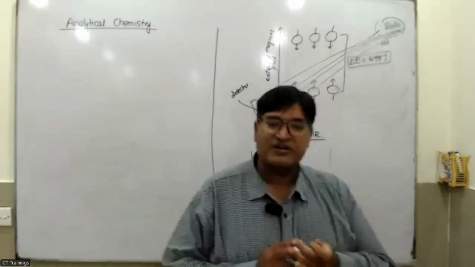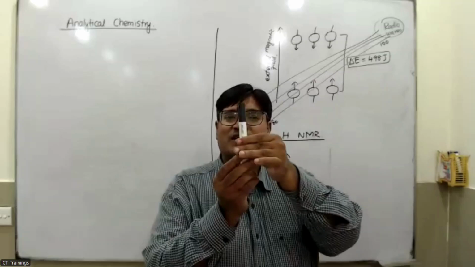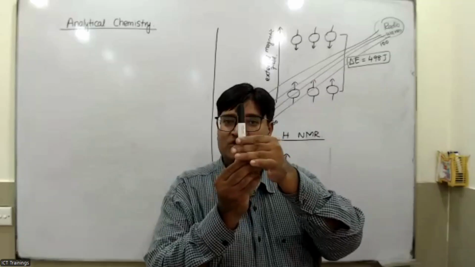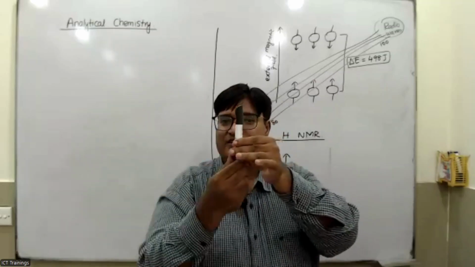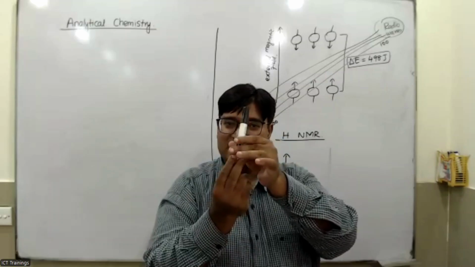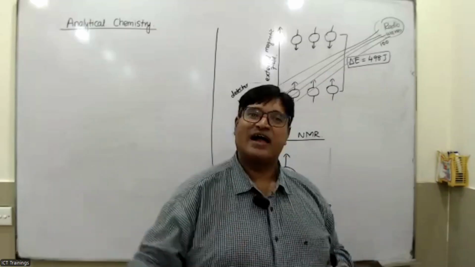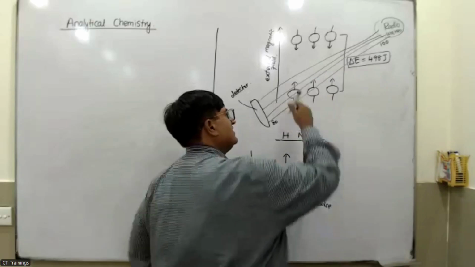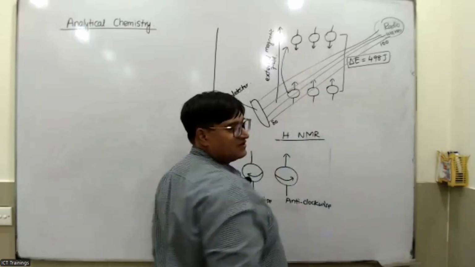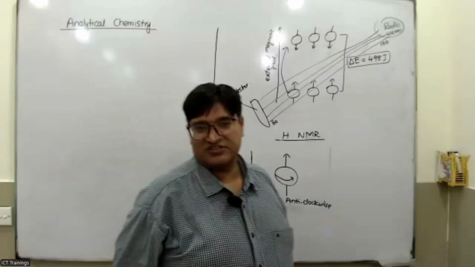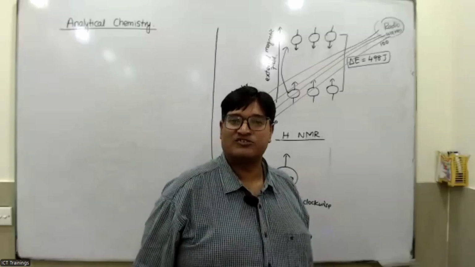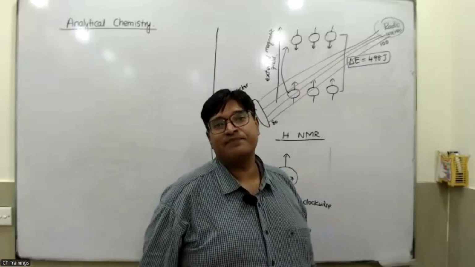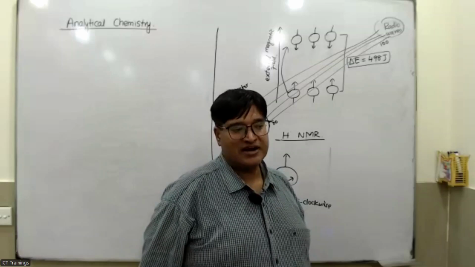After absorbing the energy, they were rotating like that, suppose. When they absorb the energy, their rotation would be reversed, their magnetic field would also be reversed, and they jump to high energy level like that. And this process is called resonance or flip over. Did you get it, guys?